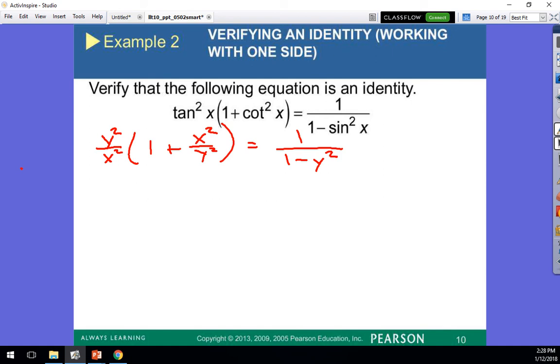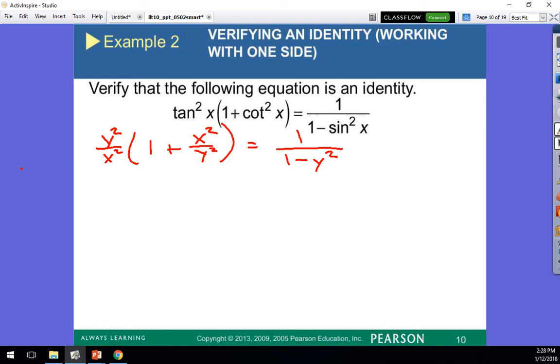We're going to get a nice, pretty answer over here. And then we're going to try to clean this up a little bit, and we're going to get the same pretty answer as the way we had on the left. So even though it says one side, this trick is to do as much as we can over here, then make this other one look like it. We could work both like this.